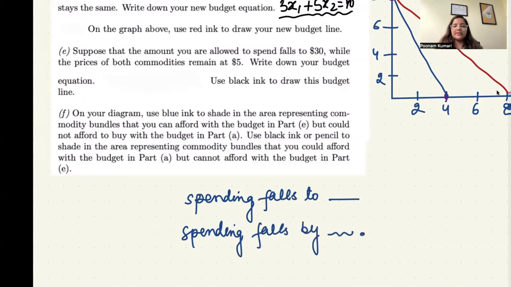What is the difference between these two? Ma'am, spending falls to means that this is the exact amount given, the required resultant amount, and falls by is the ratio, the rate by which it is falling.